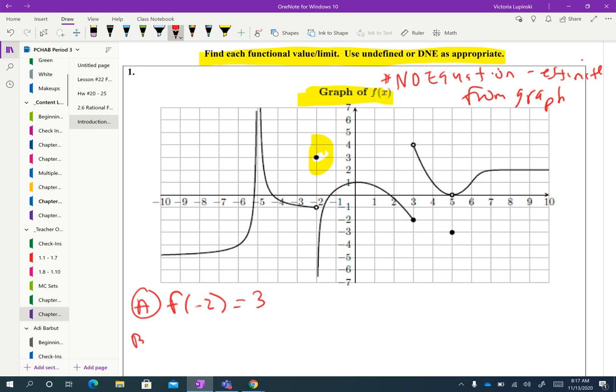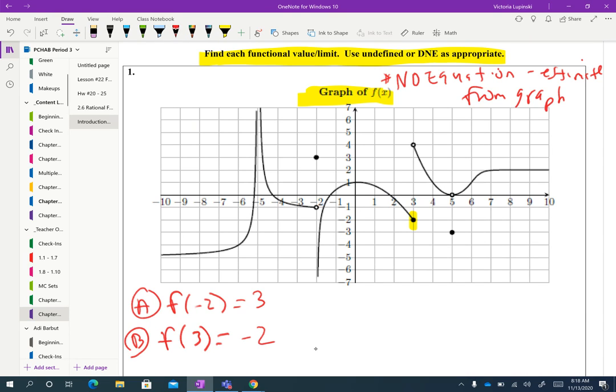Another functional value would be, let's say I said find f of 3. That means that you would go to x equals 3. And again, it appears as though you have a couple of different options to choose from. Again, logic would dictate that you should choose the closed circle, which means at 3, this graph has a value of -2.